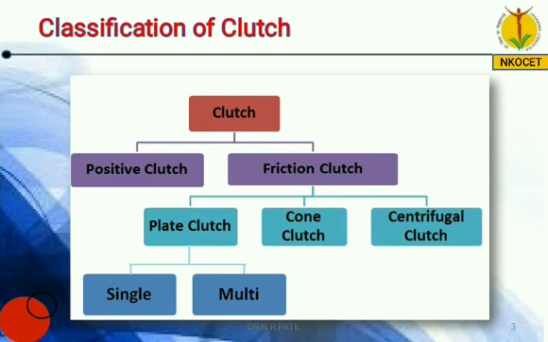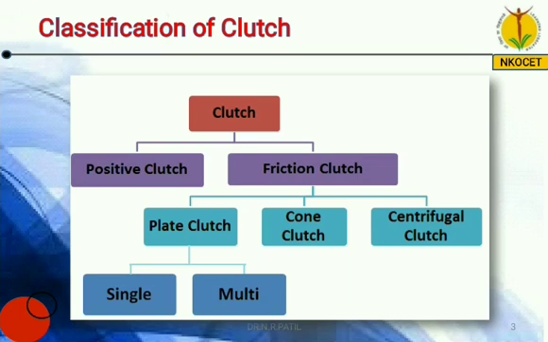Clutches are classified in basically two groups: positive clutch and friction clutch. Positive clutch is also called a dog clutch. It means the power is transmitted by means of physical engagement of two units by means of dog teeth. Whereas friction clutches work on the principle of friction.